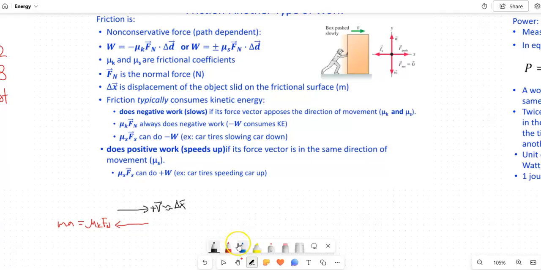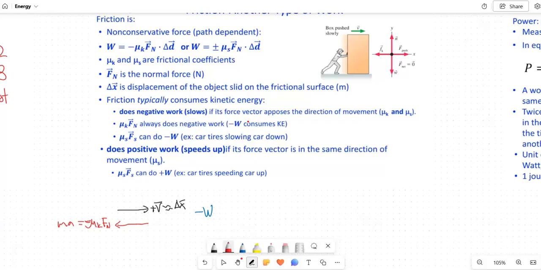And your velocity vector is analogous to a displacement vector, so what that means is this is going to result in a negative work. You've got a negative friction vector and a positive velocity vector, or a positive friction vector and a negative velocity vector. Either way, you're going to have a negative work, which means kinetic friction always consumes your kinetic energy.